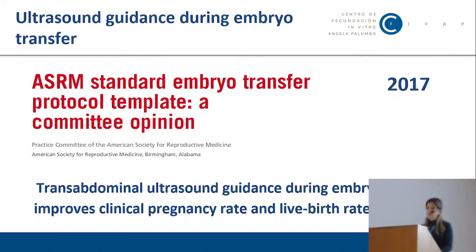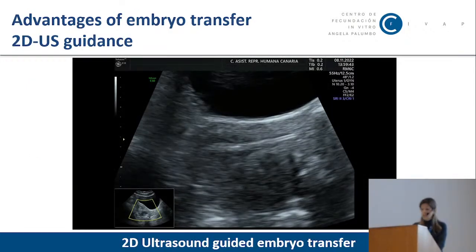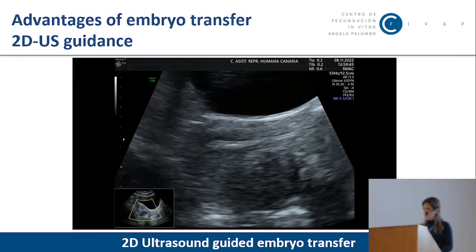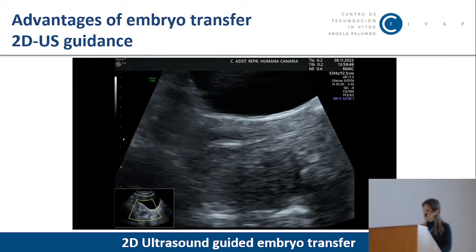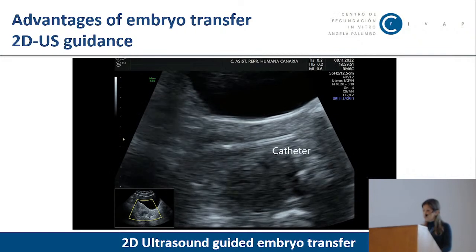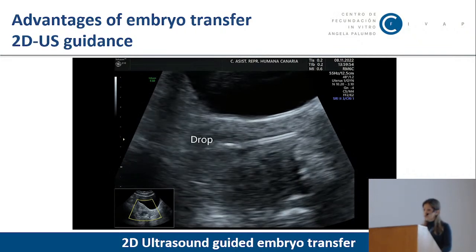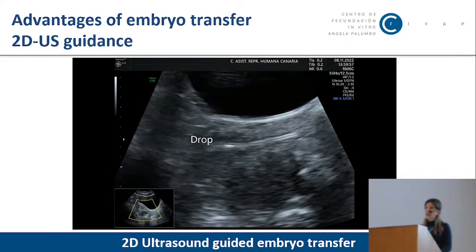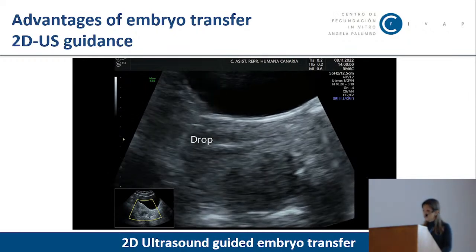Finally, in 2017, the American Society published a committee opinion in which they recommend the use of ultrasound guidance in embryo transfer with a grade A recommendation. By allowing identification of the cervical canal and endometrial cavity, ultrasound can facilitate atraumatic penetration of the catheter into the uterus, thereby minimizing endometrial trauma.